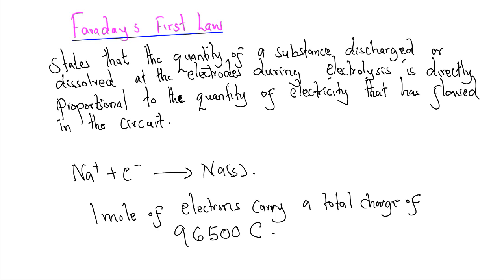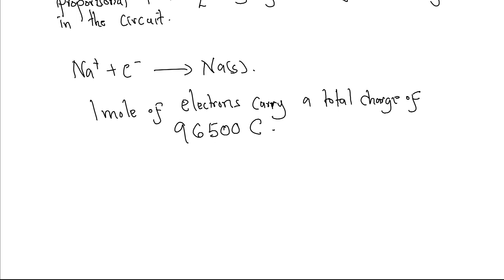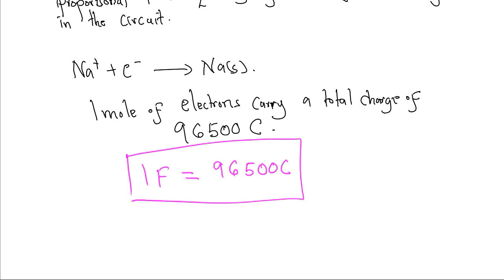This is also called Faraday's constant, and it is true that 1 Faraday is equal to 96,500 coulombs, and that is the constant.